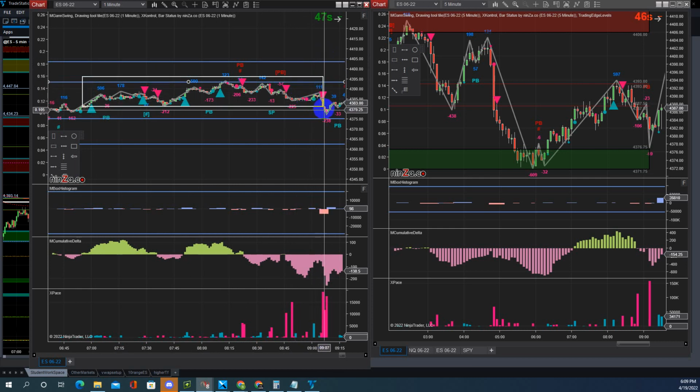Here you can see before open, price tried to break down with X control. At this point you can assume sellers are in control, especially when price was trading below 93 and 87.